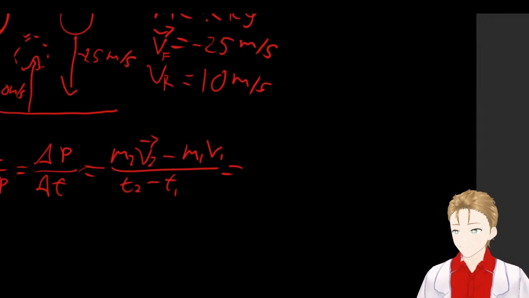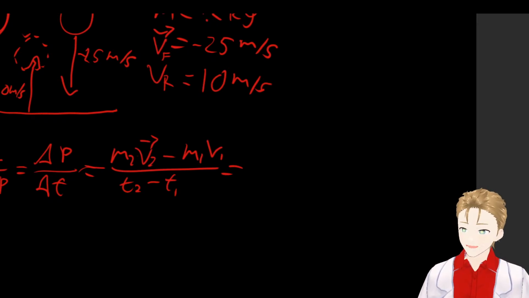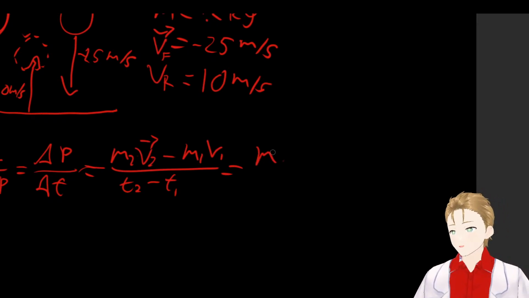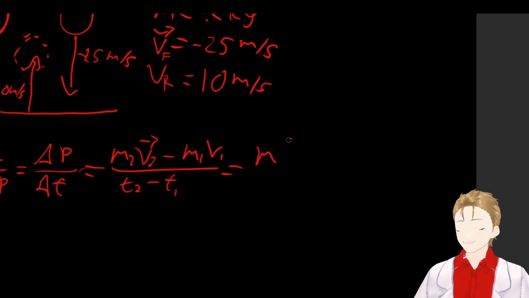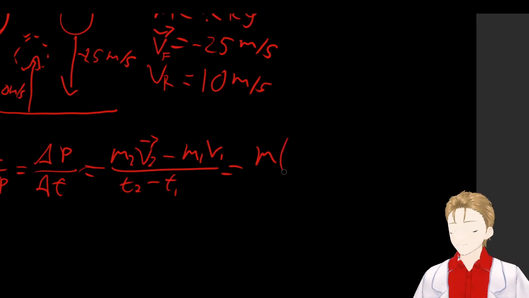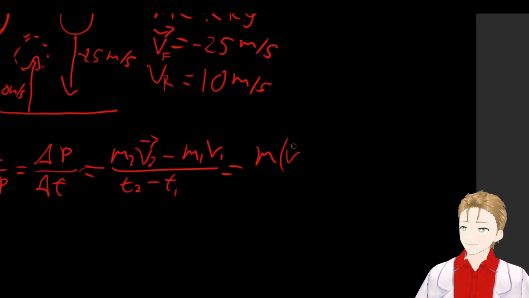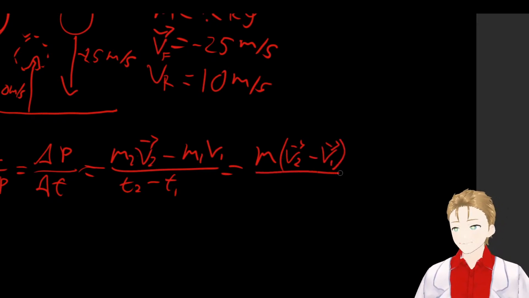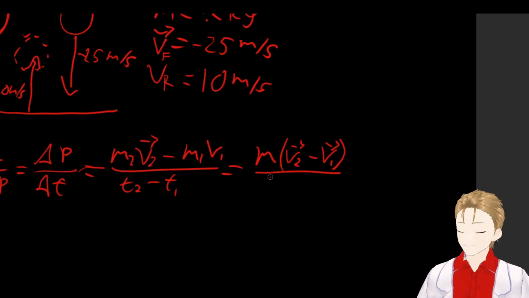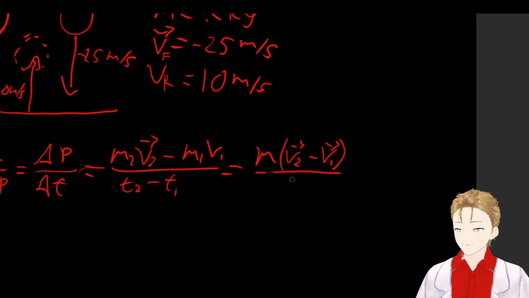Well, it could have been initial time. Doesn't matter. That works. And in this case, it's 1.2. Actually, maybe I can do mass times velocity 2 minus velocity 1, the vector quantities, and this is going to be t2 because we are starting at 0.